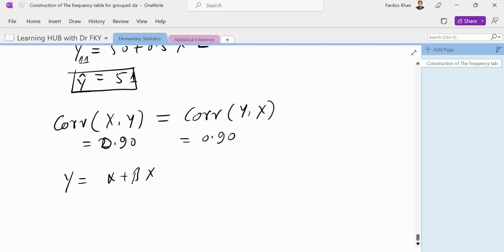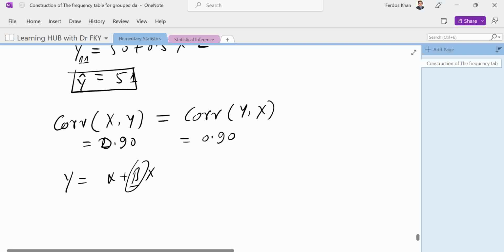It may not be true that x is the dependent variable; this is now the relationship, the dependence of y on x, that's that amount. So it is not necessary that x depends on y in the same way. So the correlation coefficient is symmetric and the regression coefficient may not necessarily be symmetric.